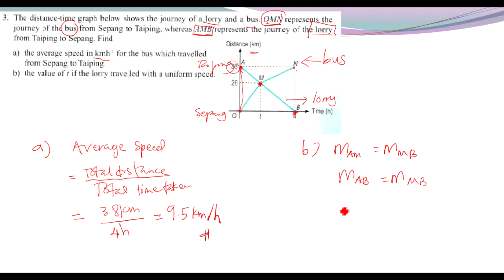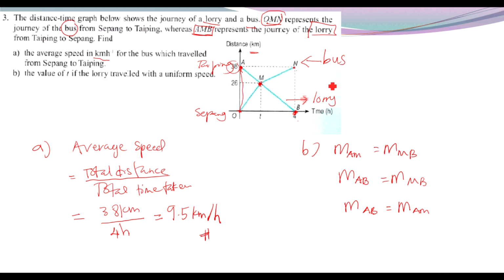Or you can use M for AB equals M for MB, or M for AB equals M for AM. You can use any pair. Here M represents the gradient.